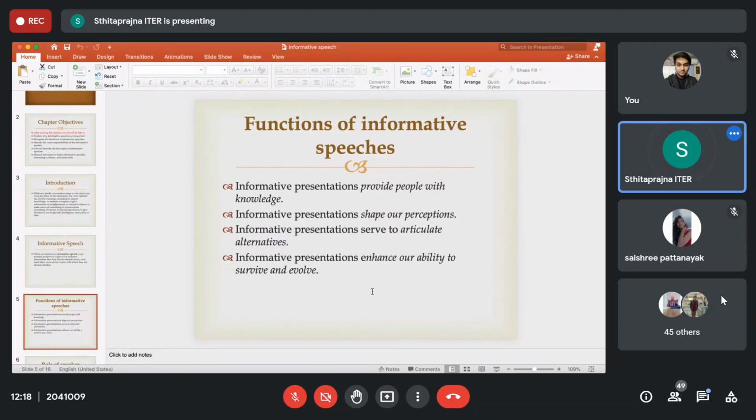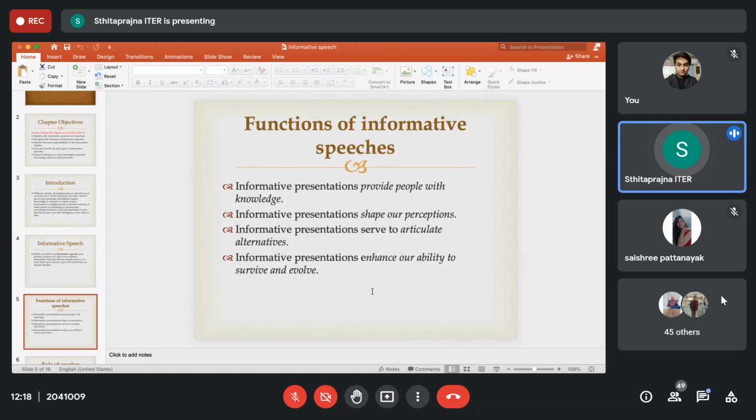So, giving us some fresh perceptions and insights, or tell us something about how to devise alternatives to certain things that we are still using. If you're talking about climate change, then maybe you can give us some alternatives to reduce carbon footprints.